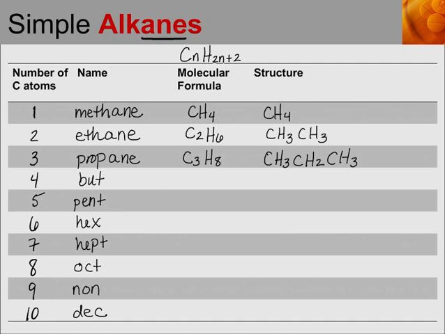All right, so you can probably start to see the pattern here. We're increasing the number of carbons by 1, and we're increasing the number of hydrogens by 2 each time. And all of the endings will be ane, so we can just fill that in real quick.